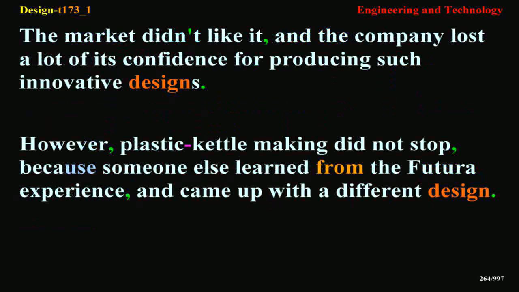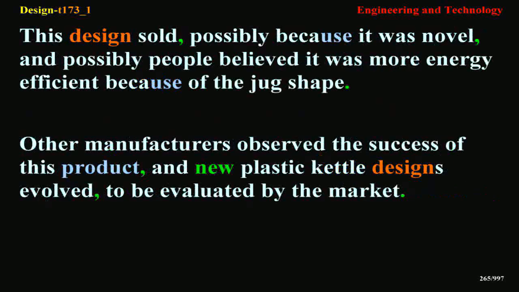However, plastic kettle making did not stop, because someone else learned from the Futura experience, and came up with a different design. This design sold, possibly because it was novel, and possibly people believed it was more energy efficient because of the jug shape. Other manufacturers observed the success of this product, and new plastic kettle designs evolved to be evaluated by the market.